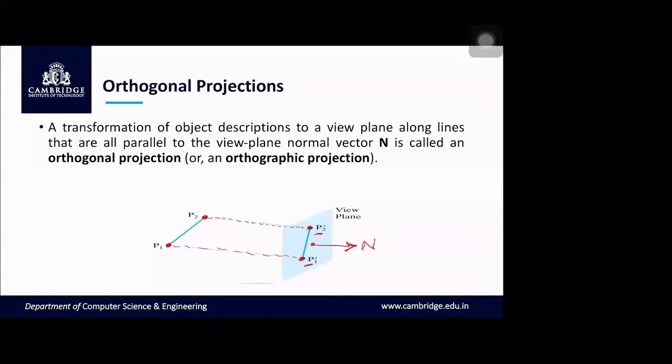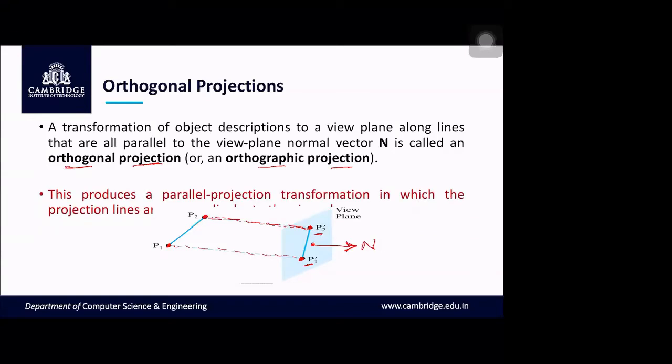These dotted lines that we see here form what is called an orthogonal projection or an orthographic projection. This produces a parallel projection transformation in which the projection lines are perpendicular to the view plane.